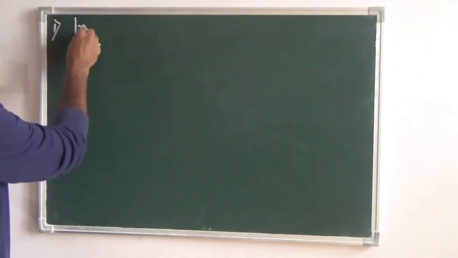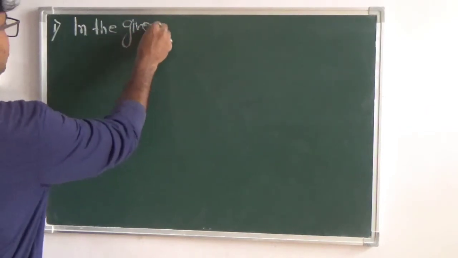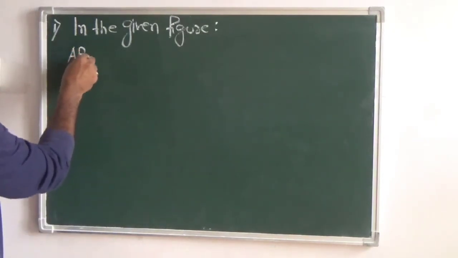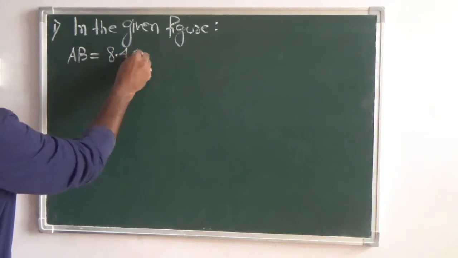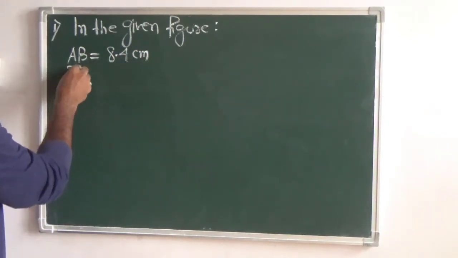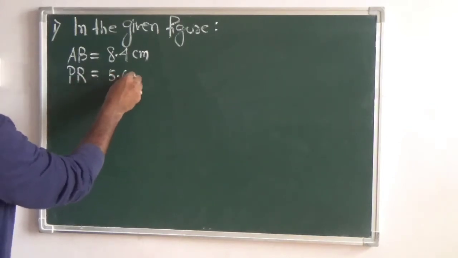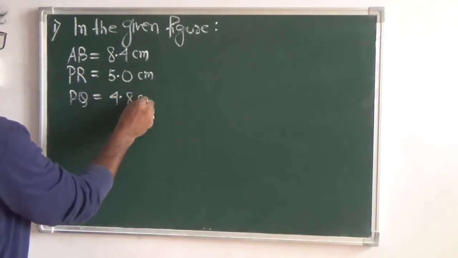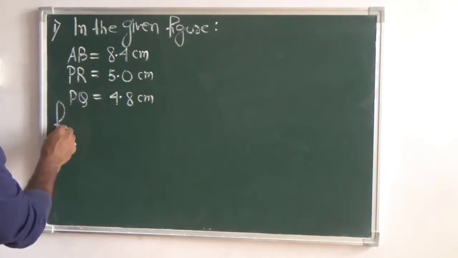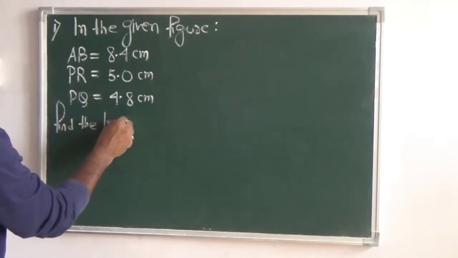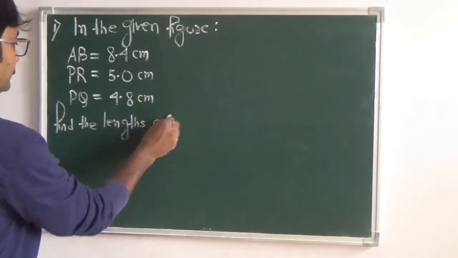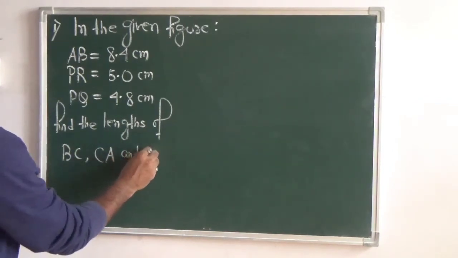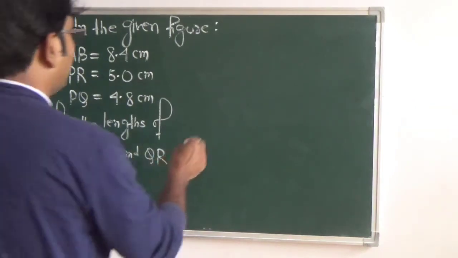In the given figure, AB equals 8.4 centimeters, PR equals 5 centimeters, PQ equals 4.8 centimeters. Then find the lengths of BC, CA and QR.